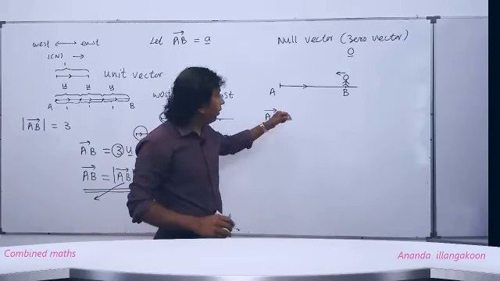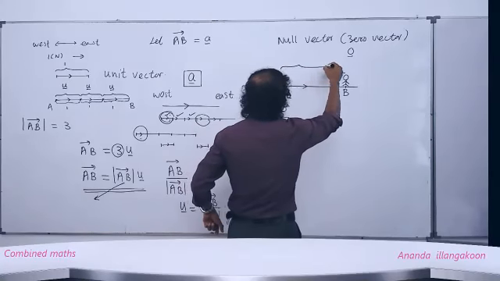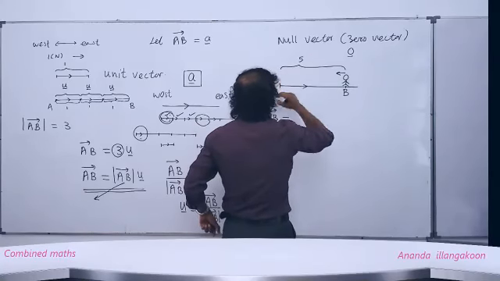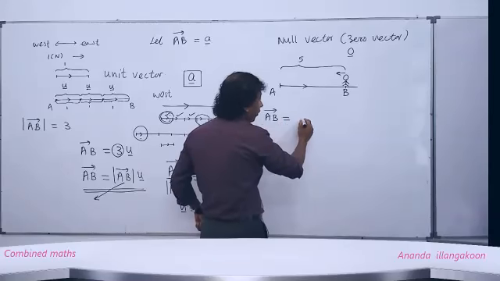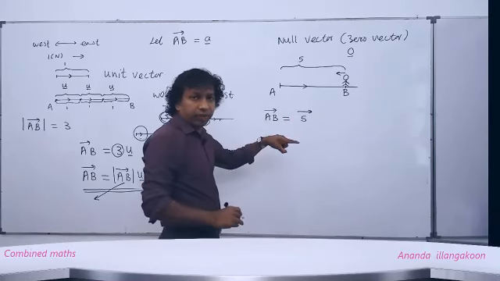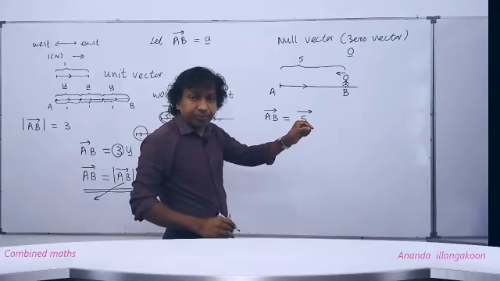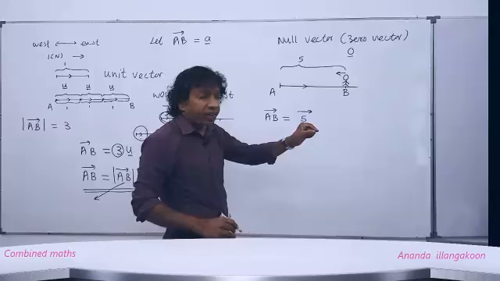Suppose this man is 5 meters away from this point A. Then what is the AB vector? 5 meters, and the direction is rightward, because displacement, people, is a vector. Since it is a vector, it has a definite direction. The direction is A to B.